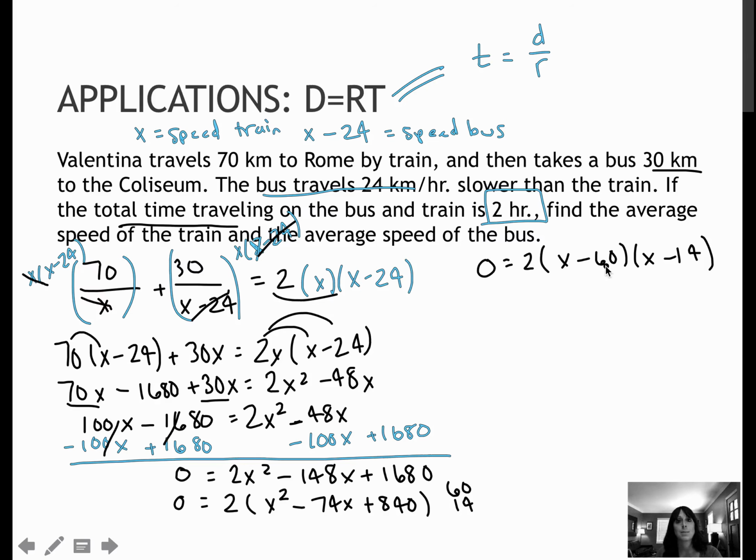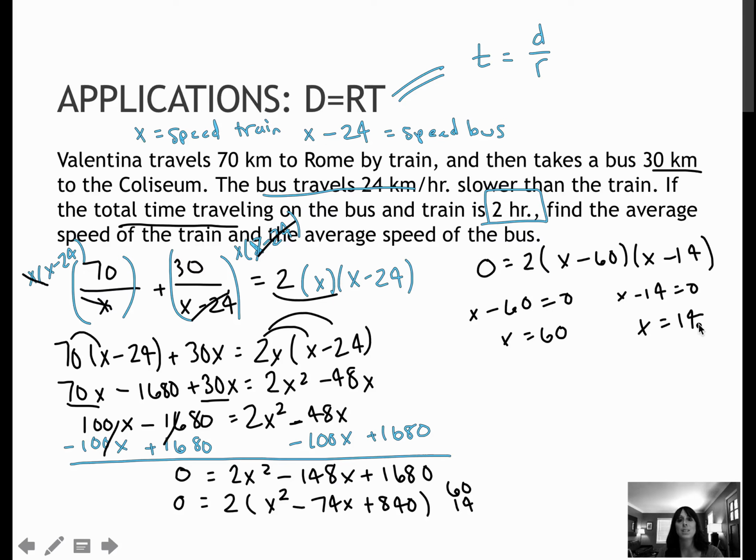Now, by setting x minus 60 equal to 0, I find that x is 60. And by setting x minus 14 equal to 0, I find that x is 14. But I really only need one answer, so let's think about what makes sense. 14 kilometers per hour, if that were x, what would be the speed of the bus? 14 minus 24 is negative 10.